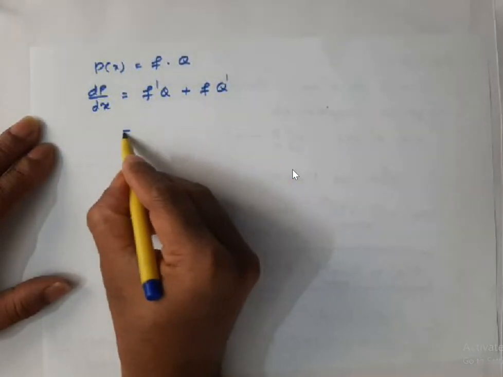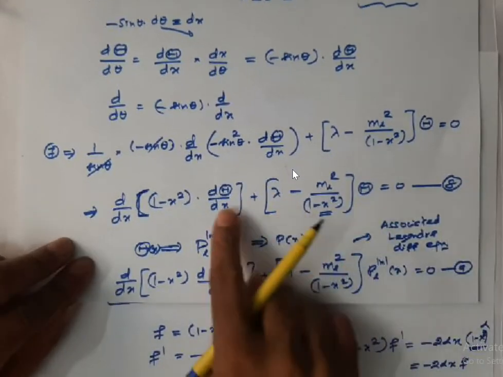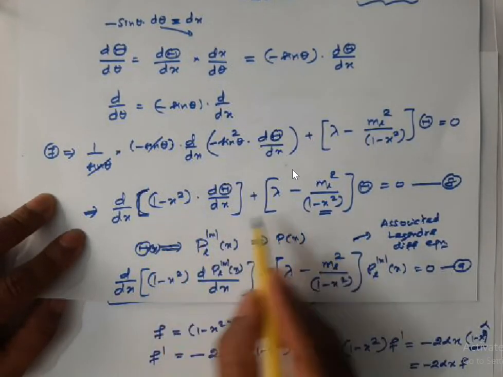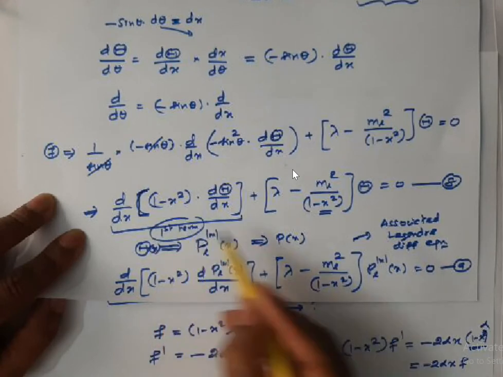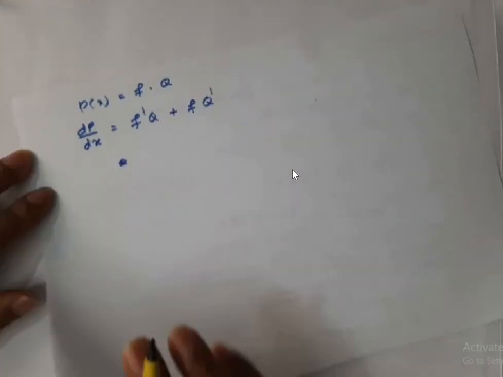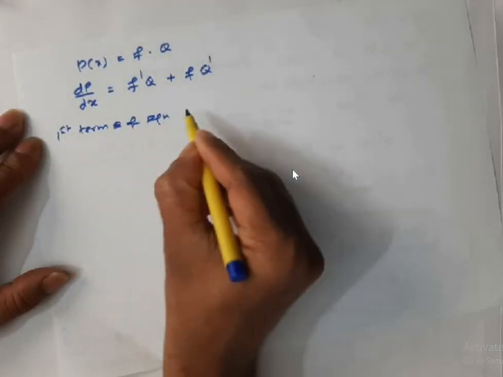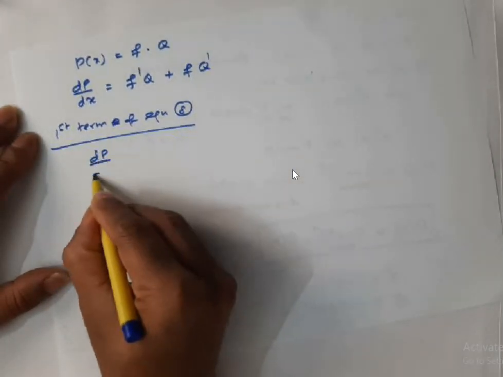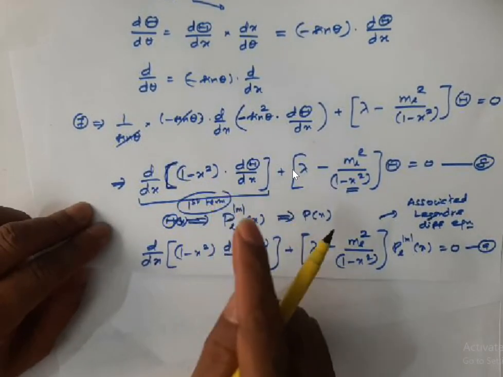Now let me focus on equation number 8. In equation number 8, wherever theta is there, we should put p, that's all. I'll take the first term of equation 8, which consists of d by dx of 1 minus x square into dp by dx.